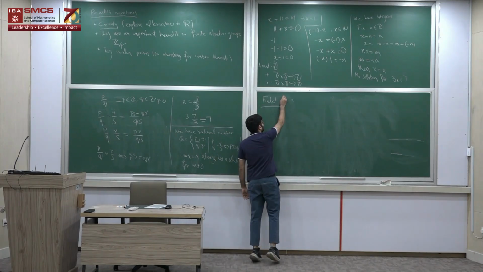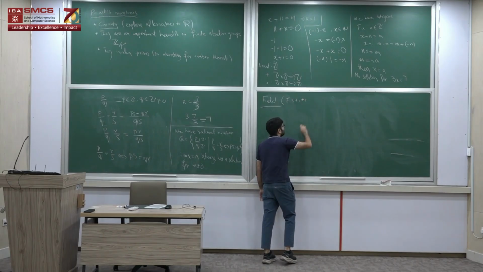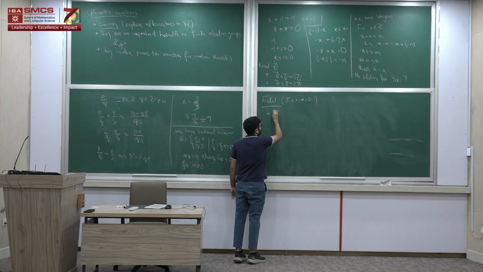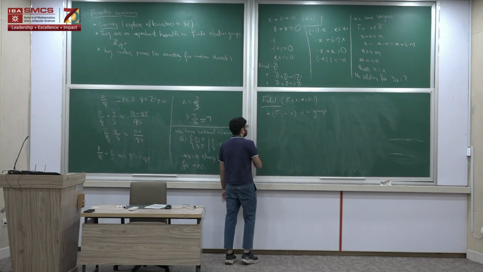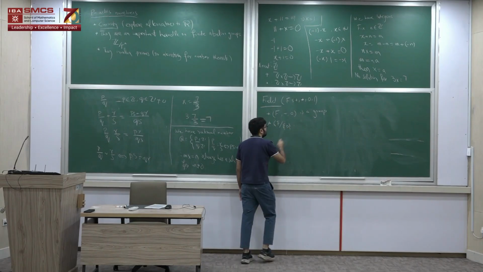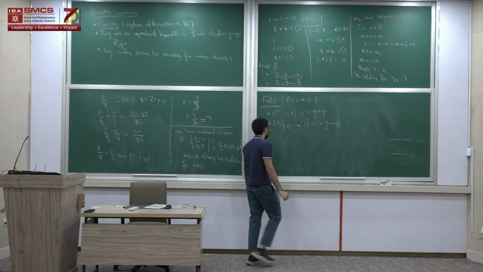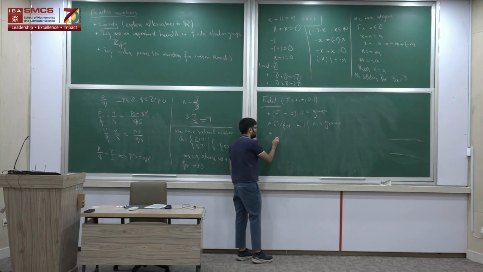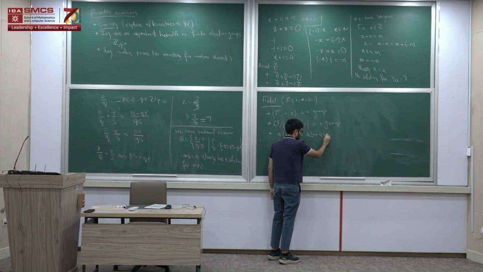So, a field is again like the data I need is the same: some set, 2 operations, plus and multiplication, 0 and 1, and what I want is that F with plus and 0 is a group, and F except 0 with multiplication and 1 is a group, and again the property that relates addition and multiplication as before, which is distributivity, a(b plus c) equals ab plus ac.